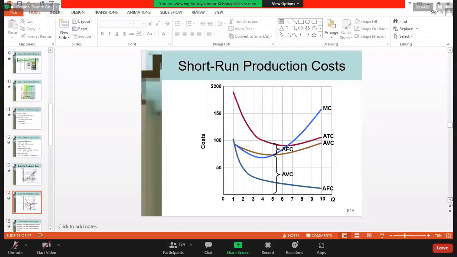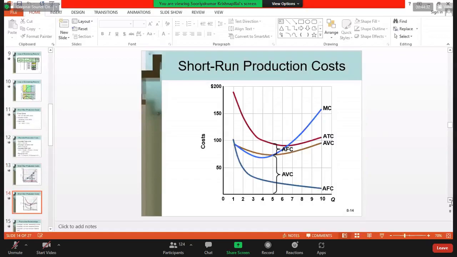That is a mathematical relationship. When you divide a fixed number by numbers continuously, it will take a rectangular hyperbola shape. So that is mathematics.